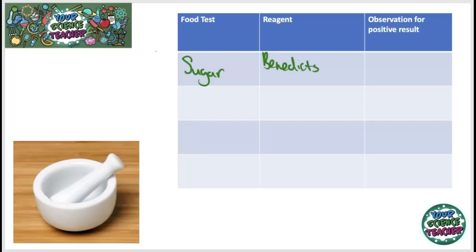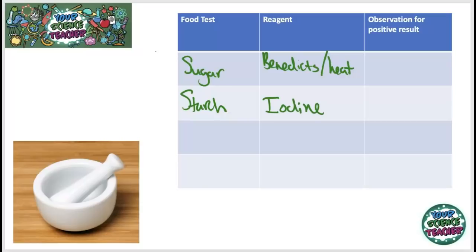We need to remember with this food test that we often need to heat in a water bath as well. It needs a bit of heat for you to actually see the colour change. I'll go through all the positive results at the end, after the reagents for all of the different tests. The next one is testing for starch, and we test for starch with iodine solution.